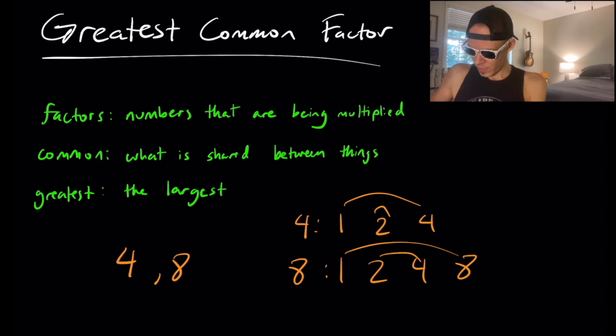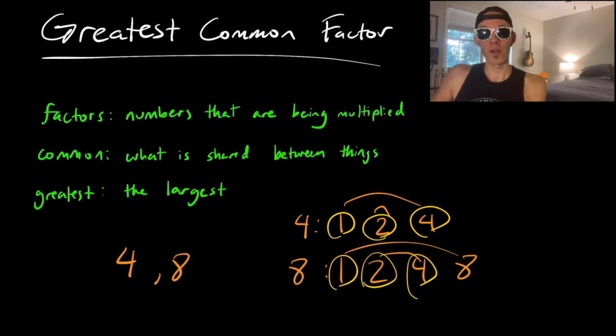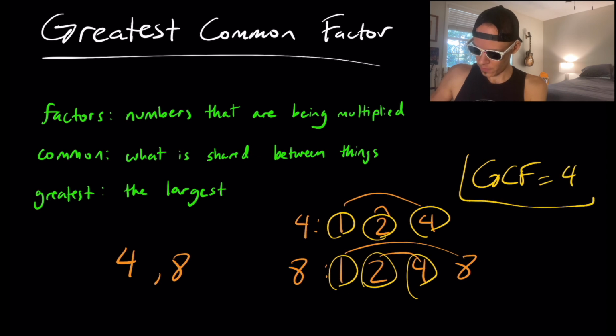And then we want to compare the lists. Which numbers do they have in common, and which is the greatest of those numbers? They both have a 1, they both have a 2, and they both have a 4 as factors. So since 4 is the largest, the greatest common factor for this example is 4.